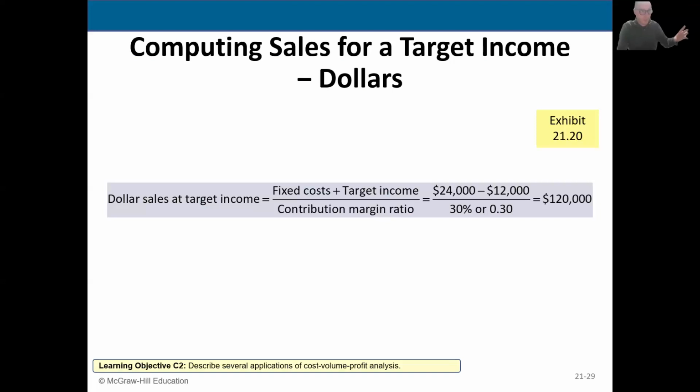We take our fixed costs plus target income. Fixed costs are 24,000 plus 12,000 target income, divided by a contribution margin ratio, 30%, equals $120,000 of sales I need to produce per month in order to generate a $12,000 income per month. That's how target income works.